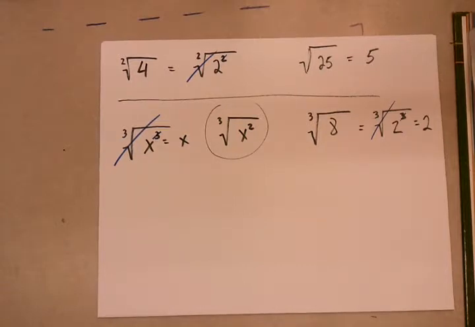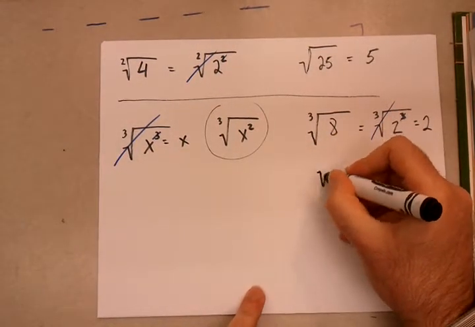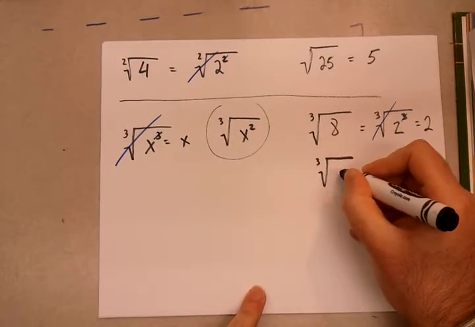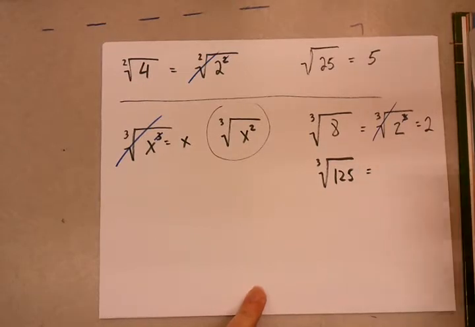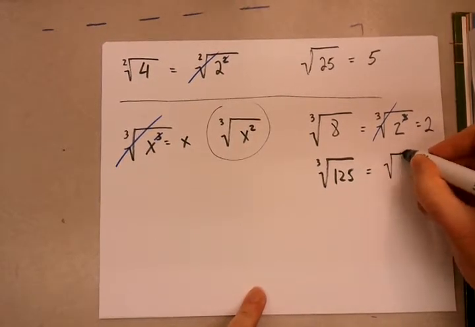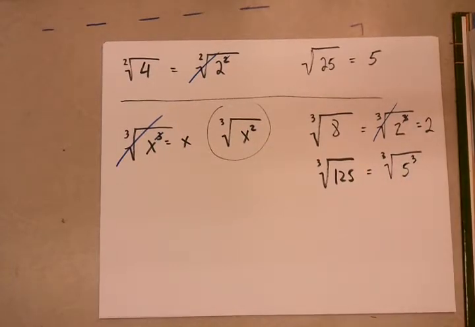So memorizing anything past the fifth power of 3, or 5 to the power of 3, becomes a little bit cumbersome. So let's do exactly that. The cube root of 125. Well, 125 is a perfect cube, which means it's 5 to the third power.